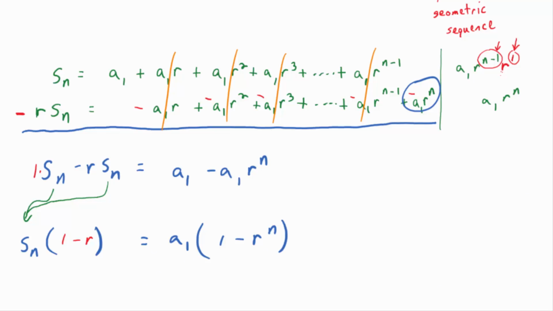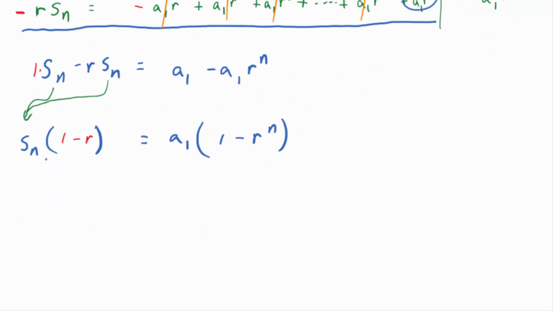So now I want to solve for Sn. These guys are connected by multiplication. What do? Divide by 1 minus r, both sides. Cancel, and I'm left with just Sn. So let's write it down.